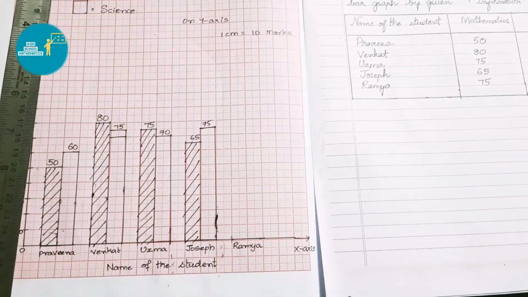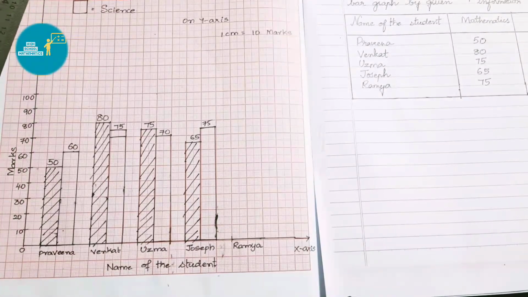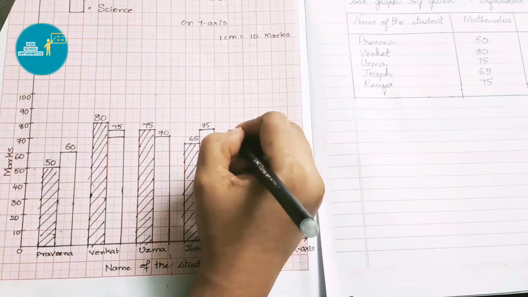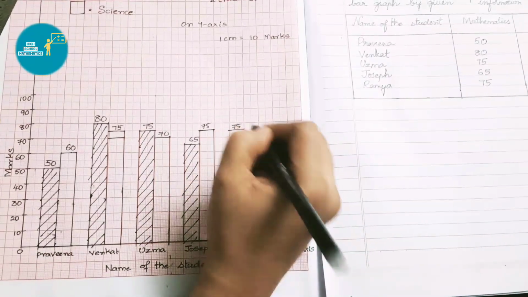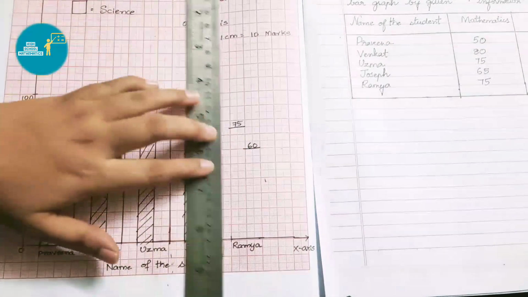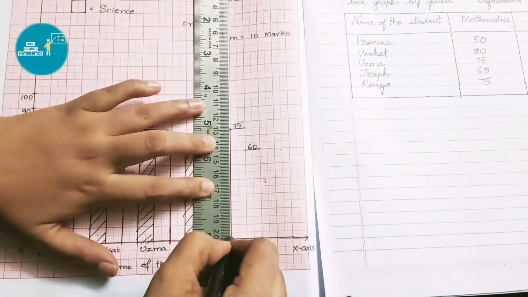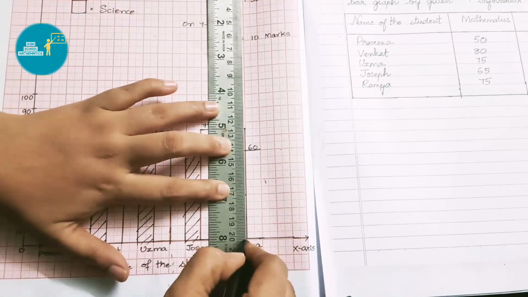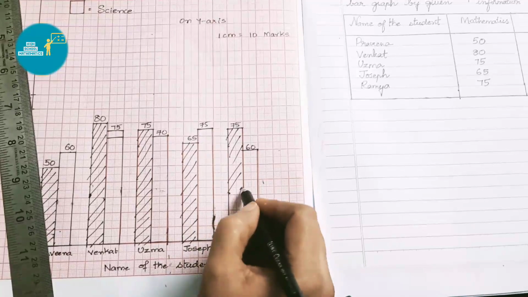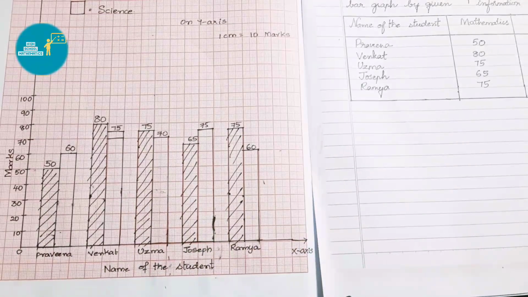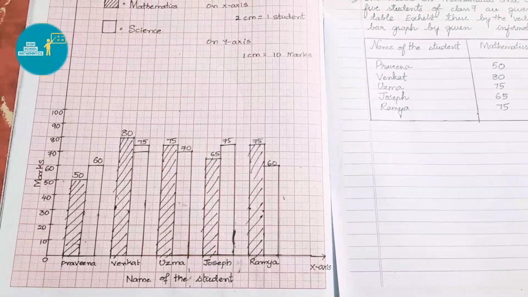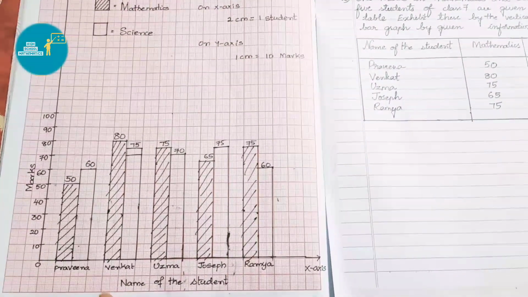See next, Ramya got 75 marks in mathematics and 60 marks in science. So we have shown the mathematics and science marks of all 5 students and we have drawn this double bar graph.